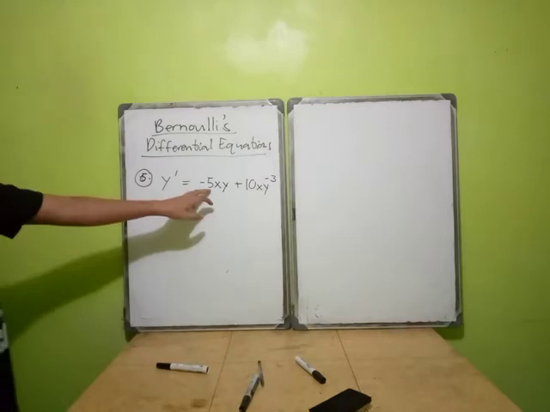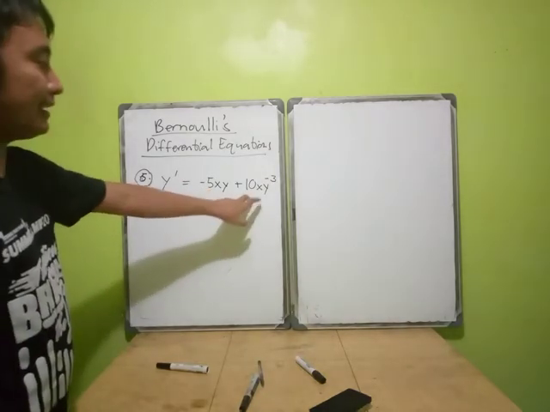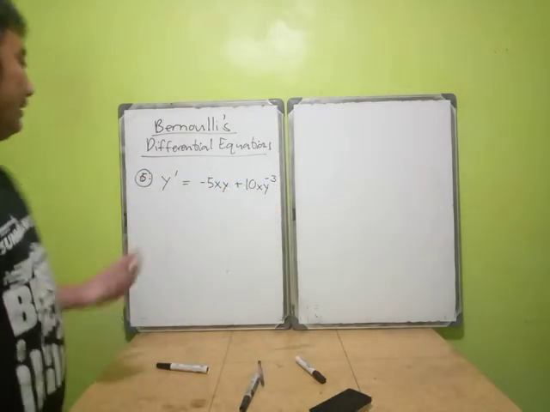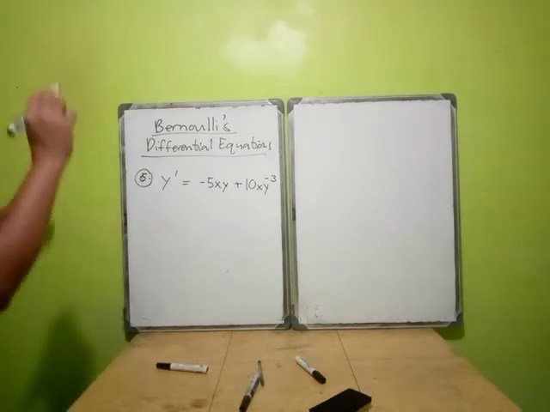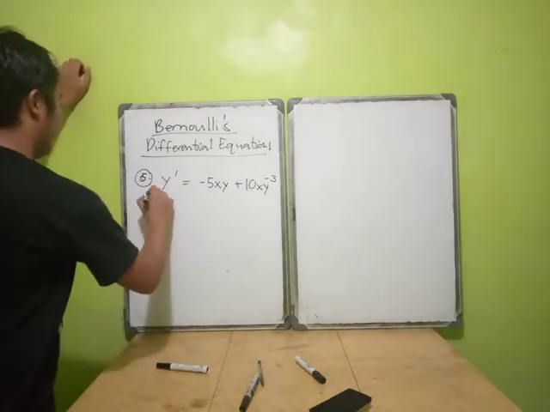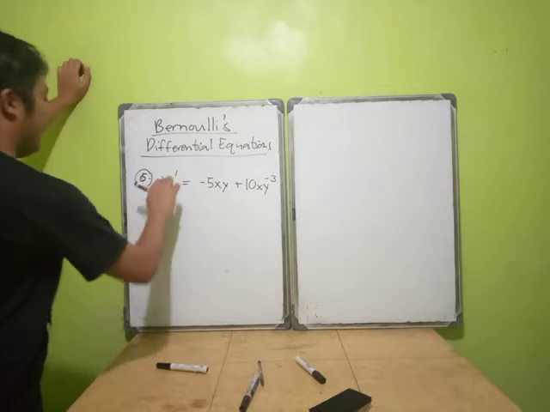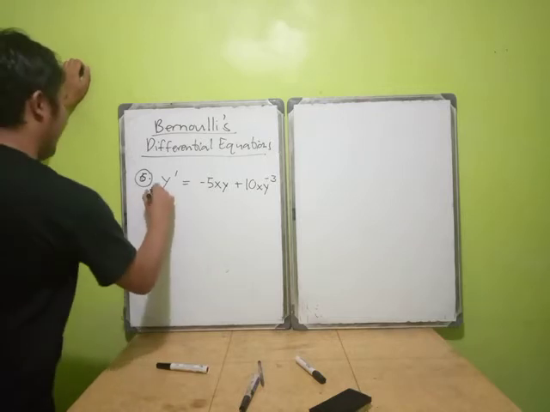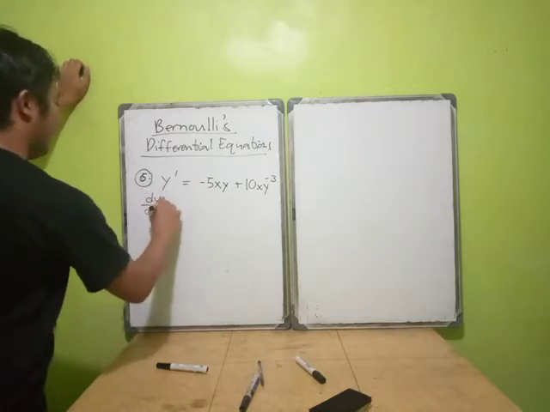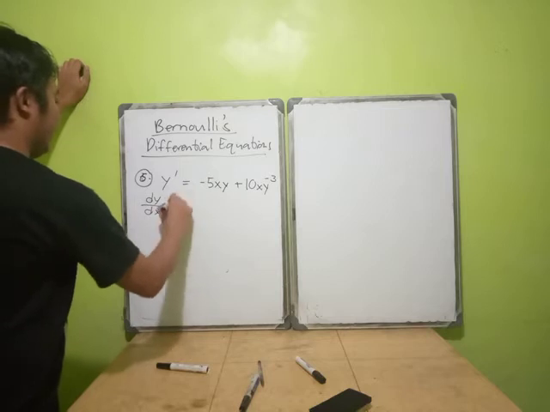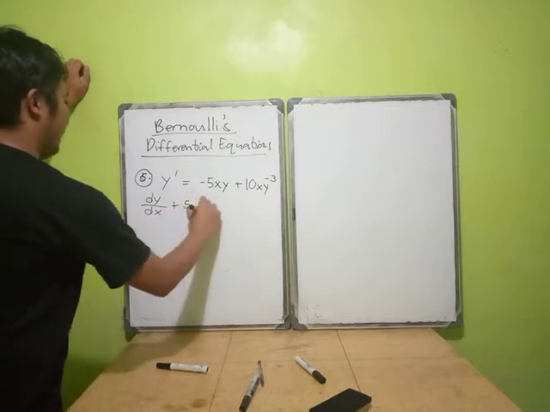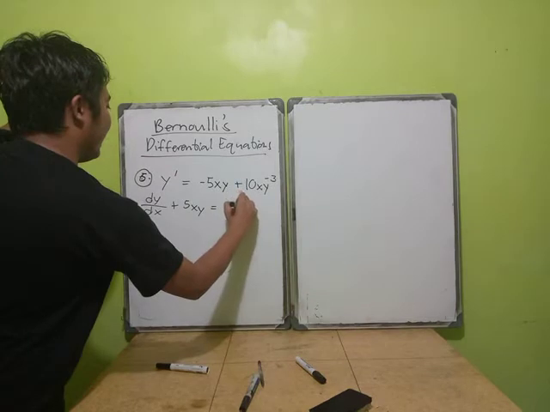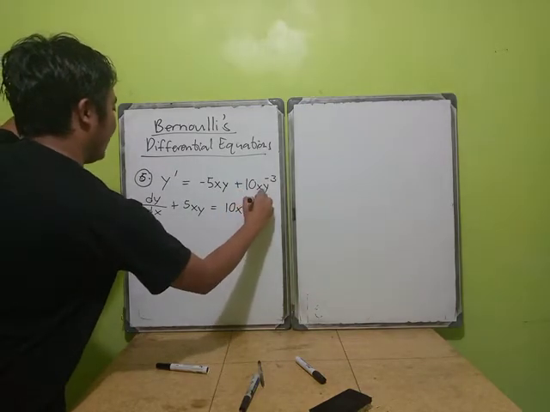So, may possible ka na p of x, q of x, at n. Okay. So, maybe arrange muna natin. So, magiging dy over dx itong equivalent niya. Okay, paglipat mo dito, nagiging dy over dx plus 5xy is equal to 10x y to the negative 3.